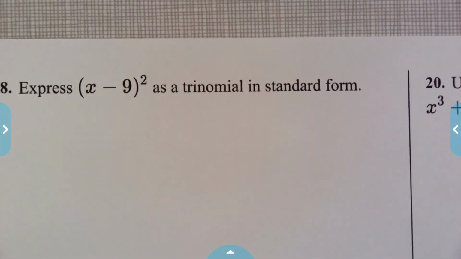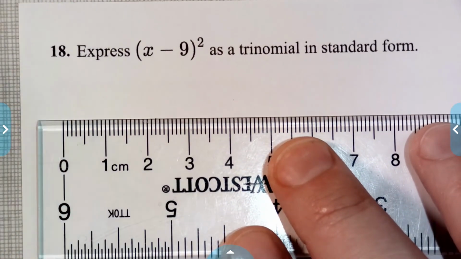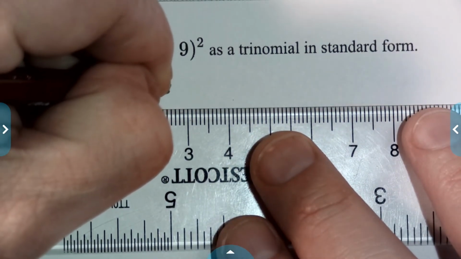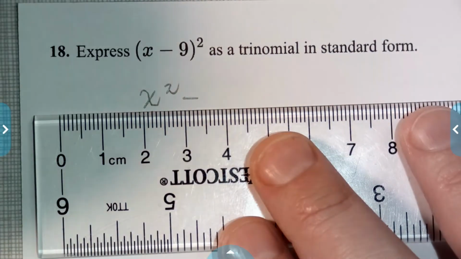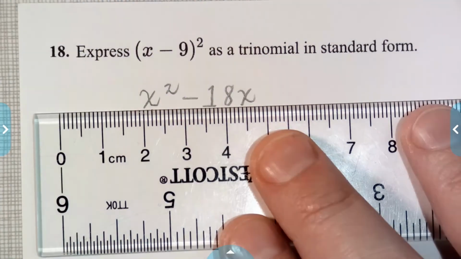Okay, so we have one more of these trinomial and standard form things. I bet you can already tell me what it is. So remember, it's a squared minus 2ab plus b squared. So that's going to be x squared minus 2 times 9, so minus 18x plus 81.